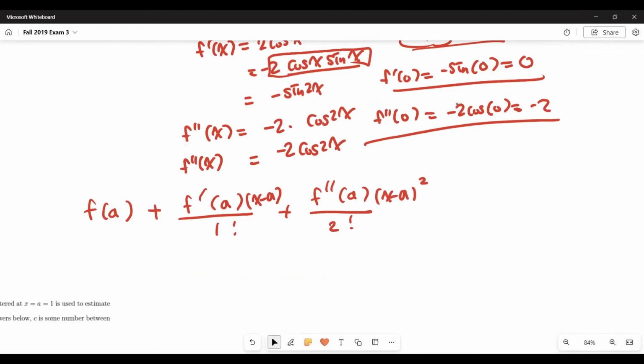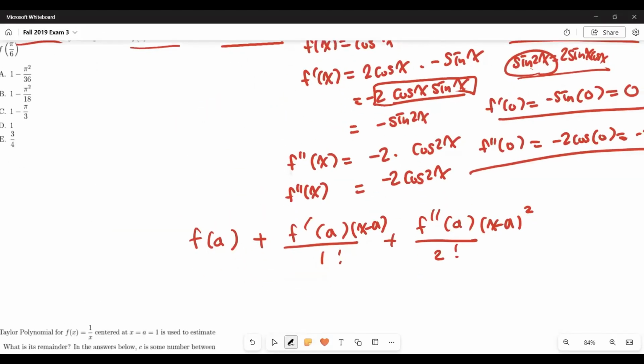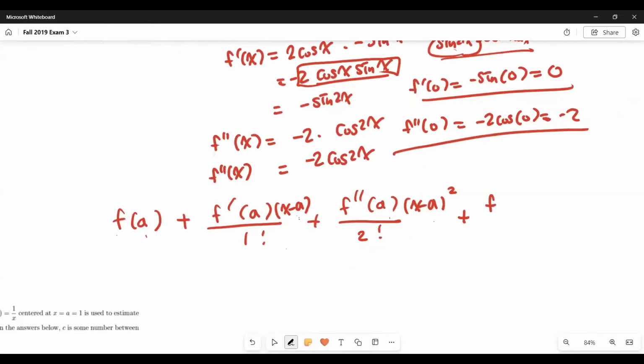So when you want to find the Taylor series expansion or Taylor polynomial, you have to write this equation: f of a plus f prime of a times x minus a, don't forget that part, over 1 factorial, and the second one will be the second derivative at a times x minus a squared over 2 factorial, and then the third one will be the third derivative at a times x minus a cubed over 3 factorial.